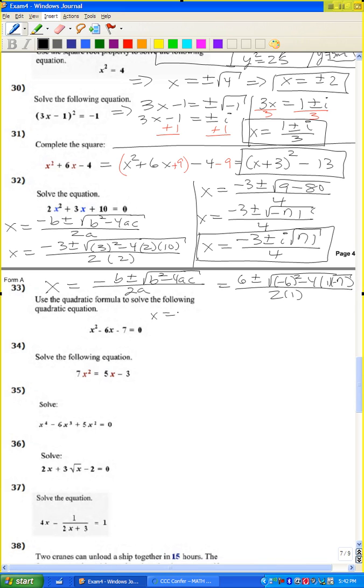So x is equal to 6 plus or minus the square root of 36 plus 28, over 2, which is equal to, well, 36 plus 28 is 64. The square root of 64 is 8.